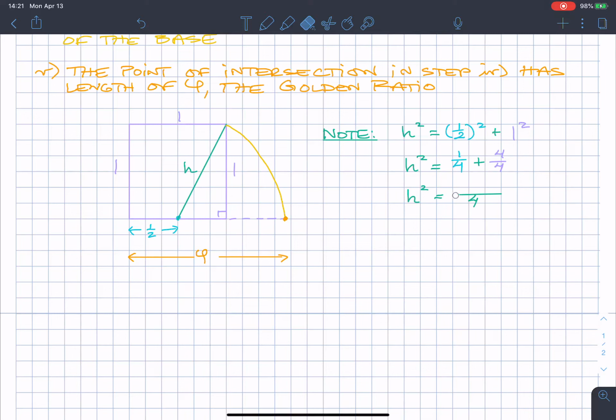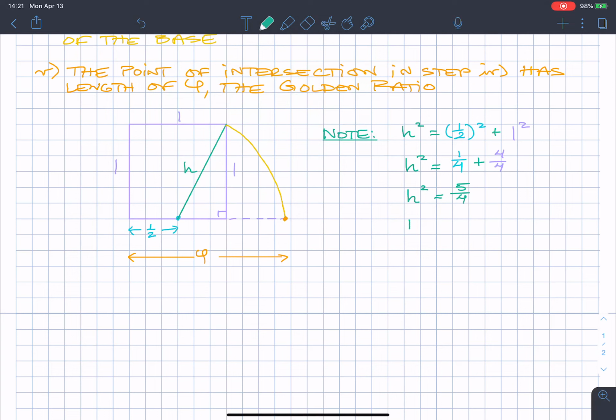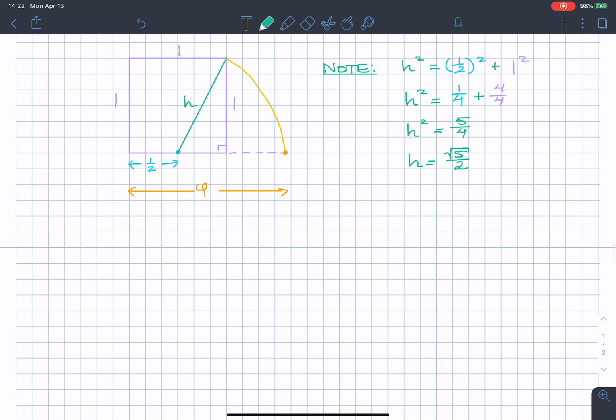You can see that that's true. Therefore h is the square root of 5 over the square root of 4. But the square root of 4 is 2. So this length here is the square root of 5 all over 2. This is the radius of that circle, that green length.